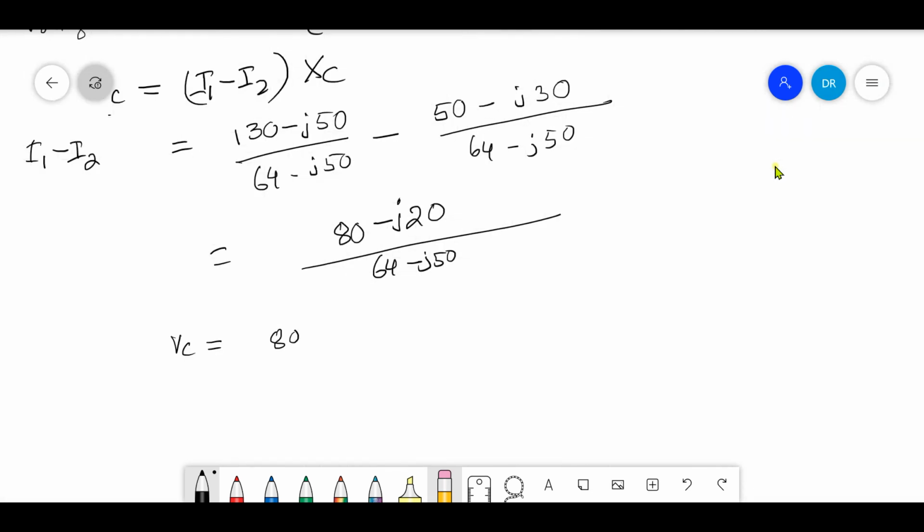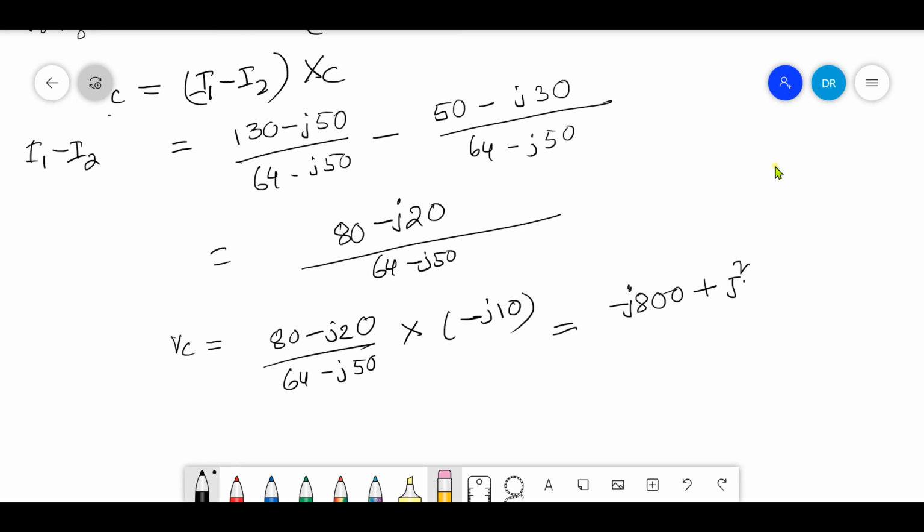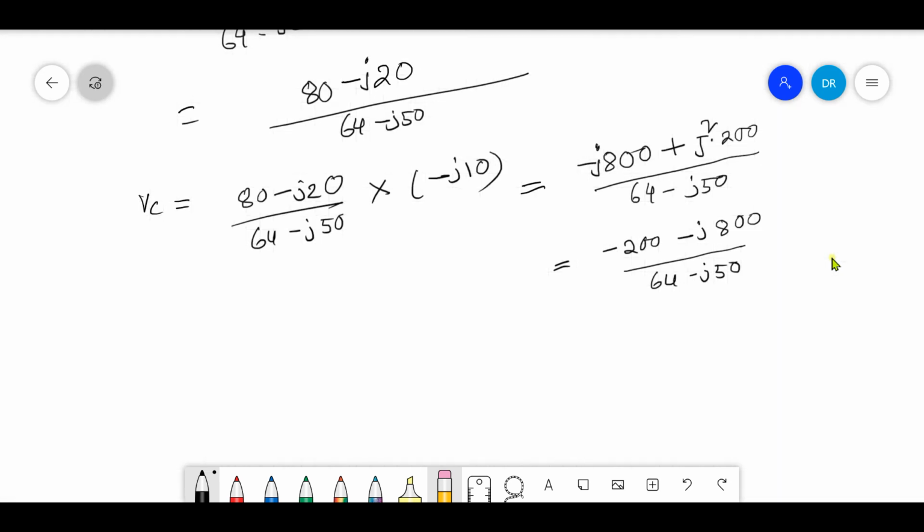I1 minus I2. Now we will multiply it by minus j10. So this is in rectangular form.